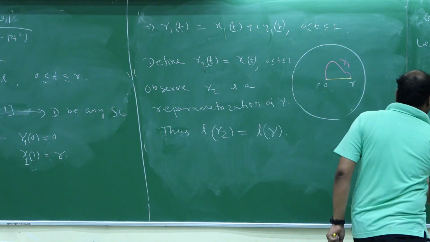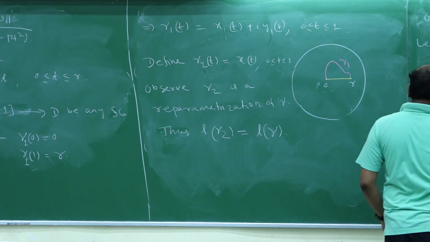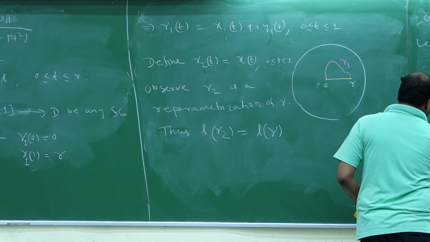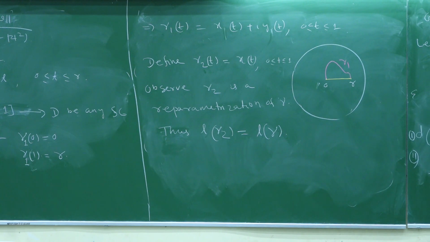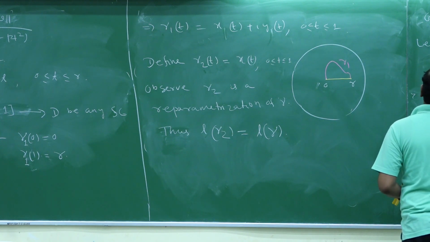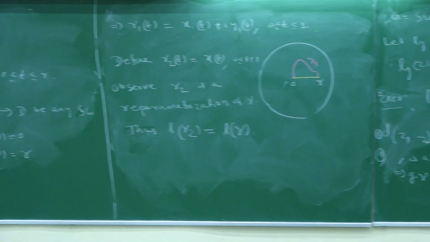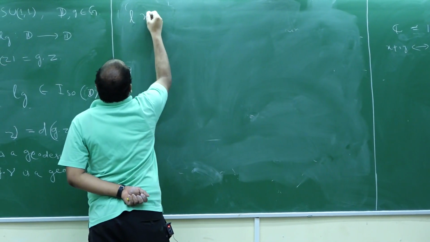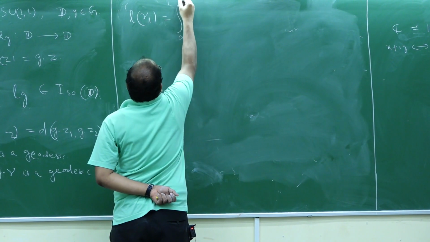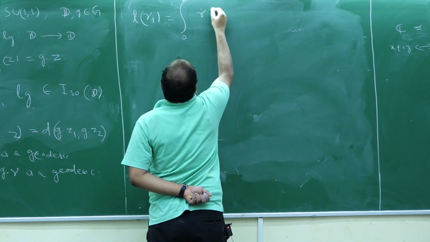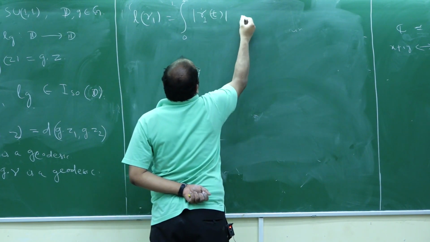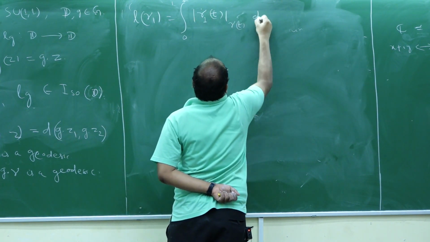So now what is the length of gamma 1? The length of gamma 1 by definition is the integral from 0 to 1 of the norm of gamma 1 dot(t) in the metric.